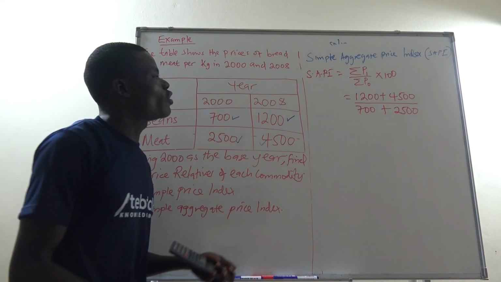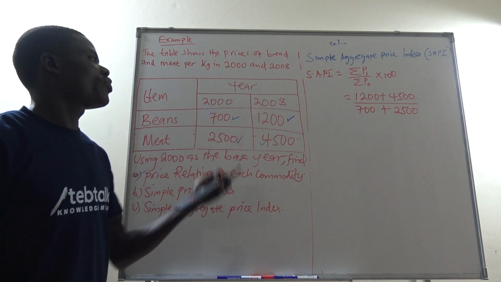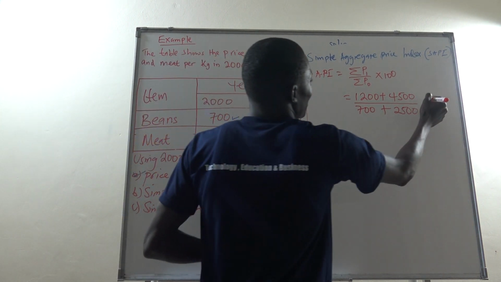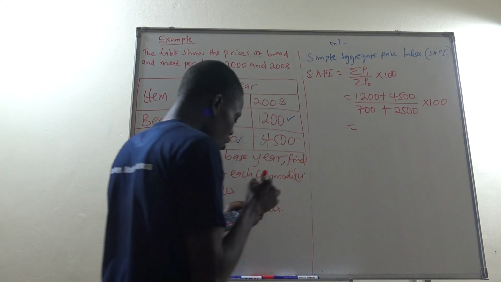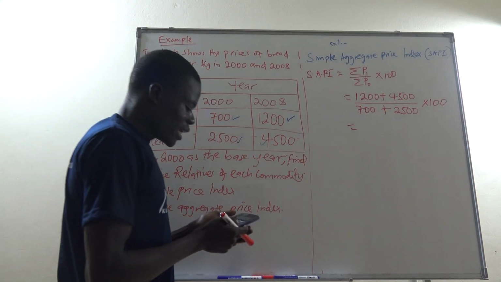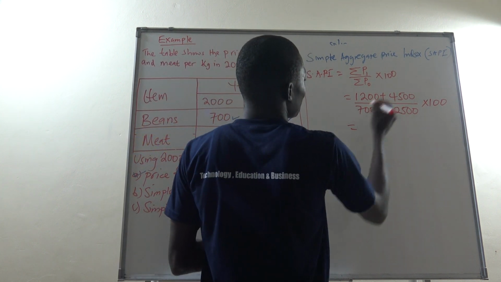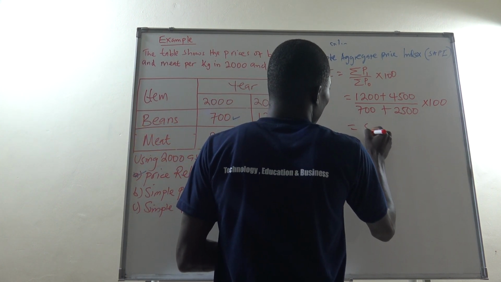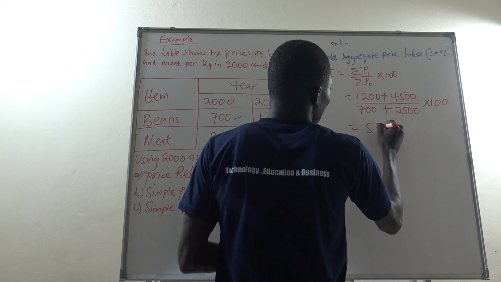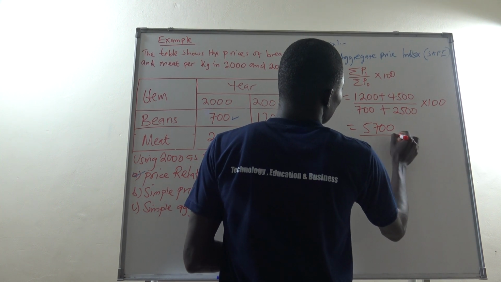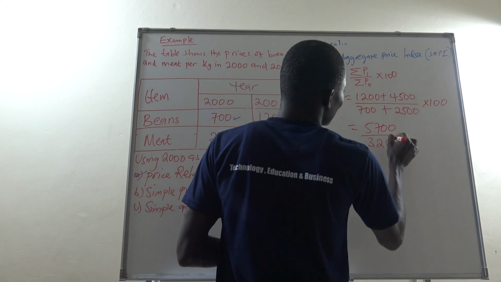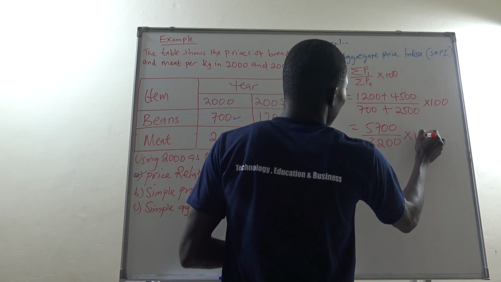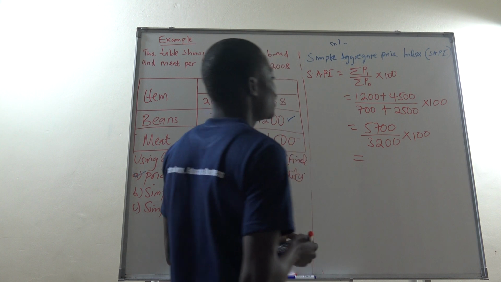Then times 100. Adding the current prices, I get 5,700, divided by 6,200, times 100.